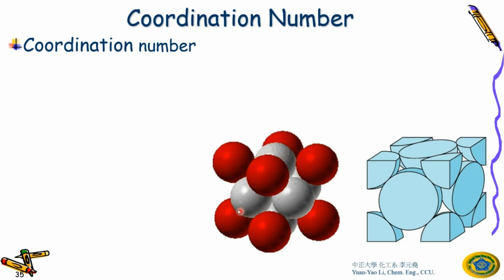Let's take a look at this one, to start to calculate the coordination number. You have 1 atom here, right? How many atoms in the same layer? 1, 2, 3, 4. So you have 4 here. This is layer 1. How about layer 2? How many atoms touch or are nearby this atom? 1, 2, 3, and 4.